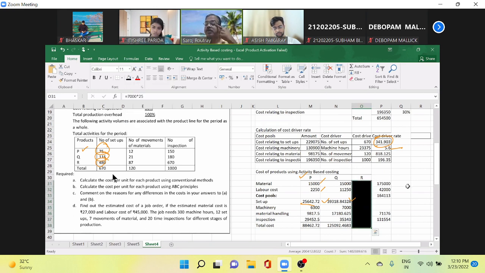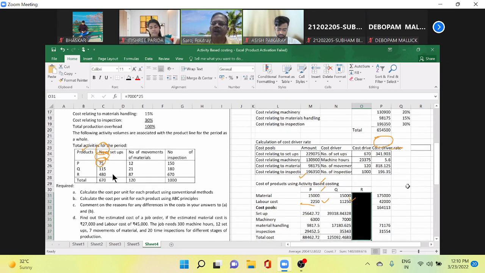For the above part of the answer, you can refer to your copy. Copy it down there and find out how much the cost is for R. P and Q, you just copy down from here, or do your own calculation and tell me how much it is.